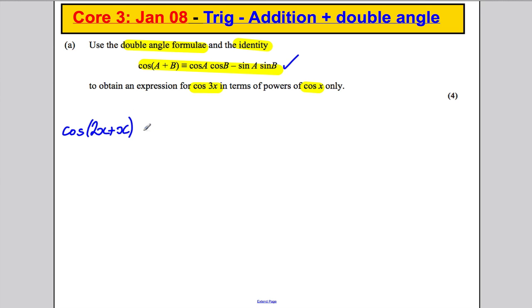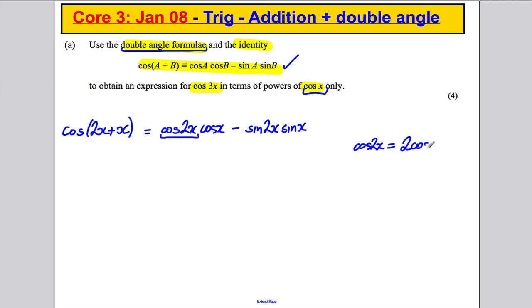Using this, that must be equal to cos of 2x cos x, subtract sine of 2x sine x. Now, we're supposed to use some double angle formulae here. We want everything in terms of cos x, so I've got a cos 2x here, so the double angle formula I'm going to use for that is 2 cos squared single x subtract 1.